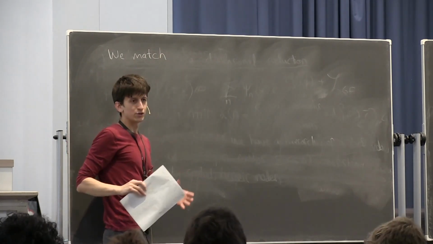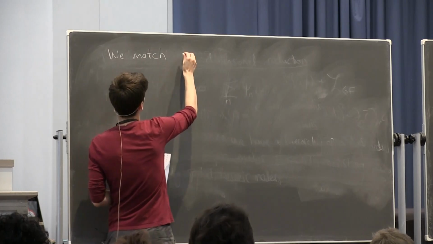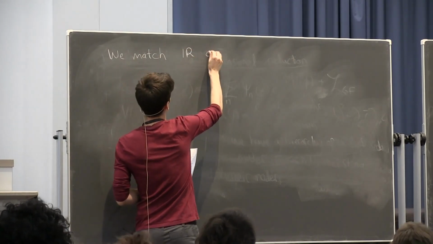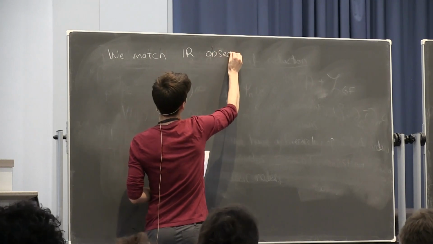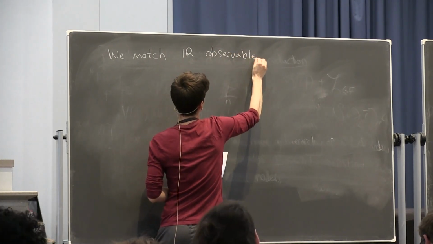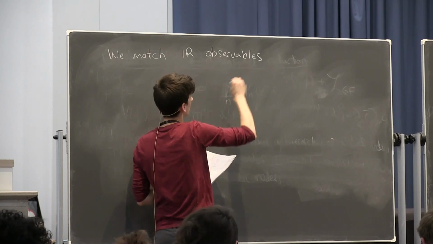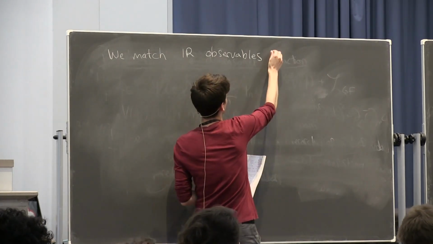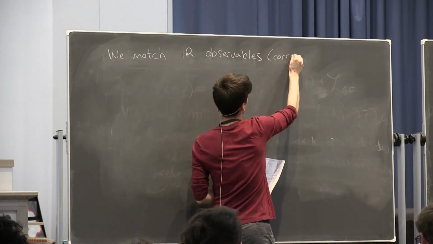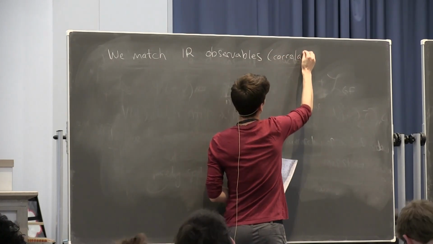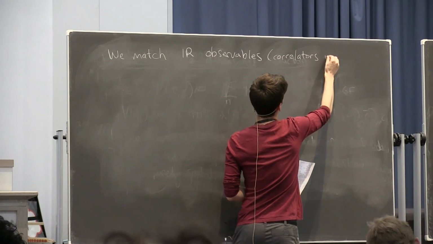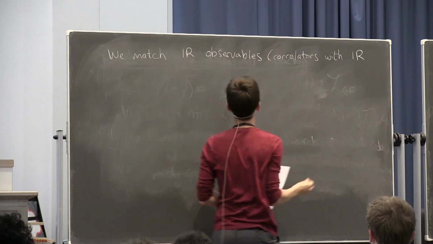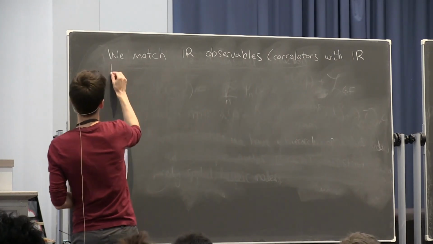When we're calculating those 3D parameters, we match IR observables. And by IR observables, I mean, in a quantum field theory context, correlators with IR or low momentum legs.